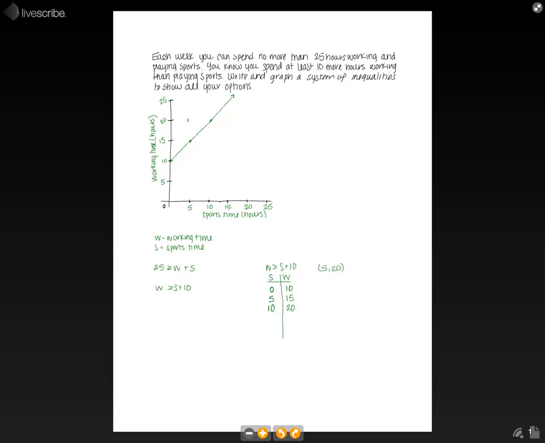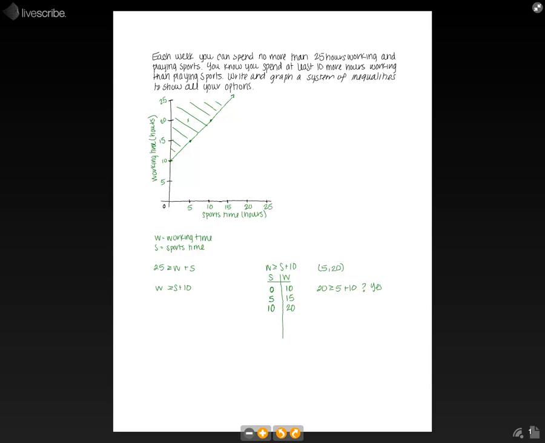So that's this point right here. So 20 is greater than or equal to 5 plus 10. Is that true? Yes. That's true. So that means that we're going to shade this one above the line, like this.